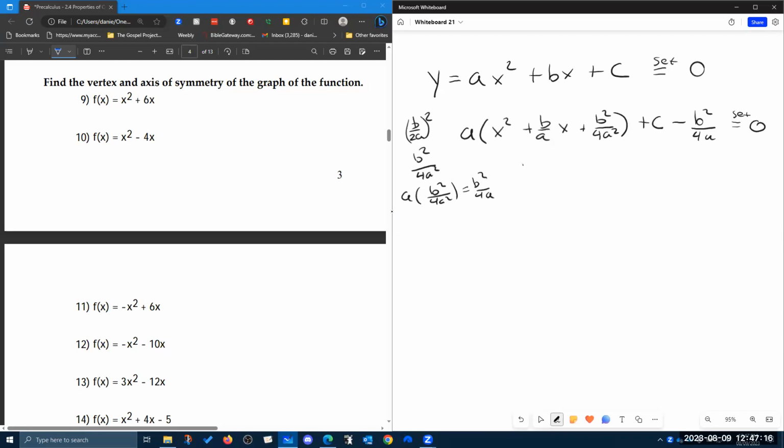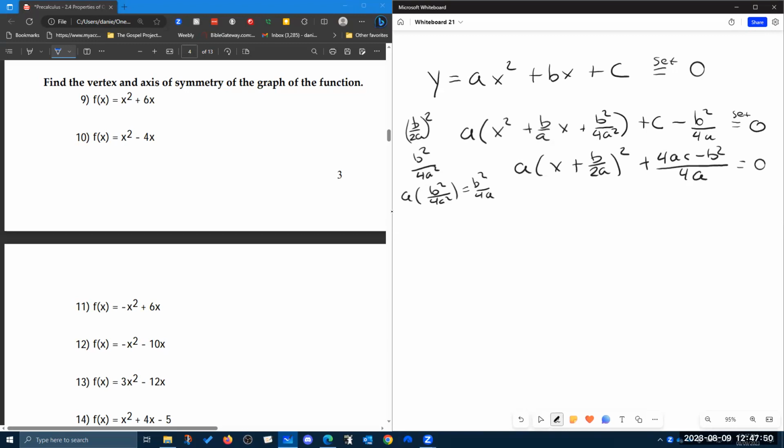Don't forget that I've set this equal to 0. And so this is going to be a times x plus b over 2a squared, plus 4ac minus b squared over 4a. And this is going to be equal to 0.